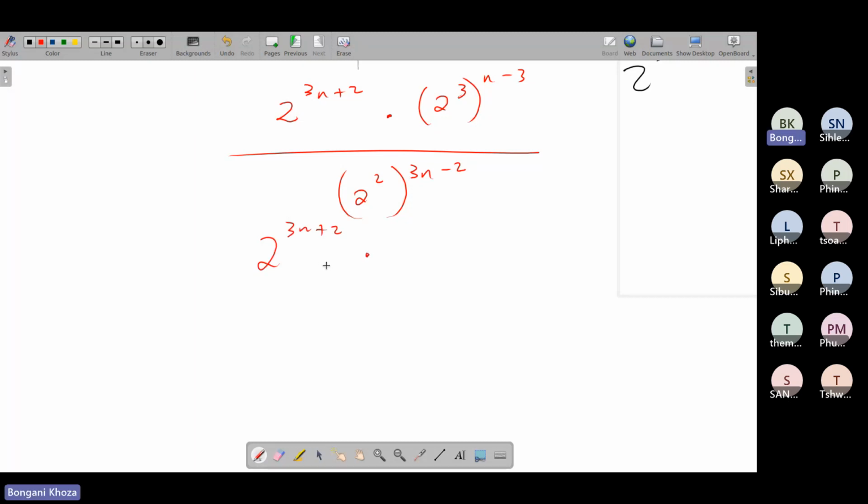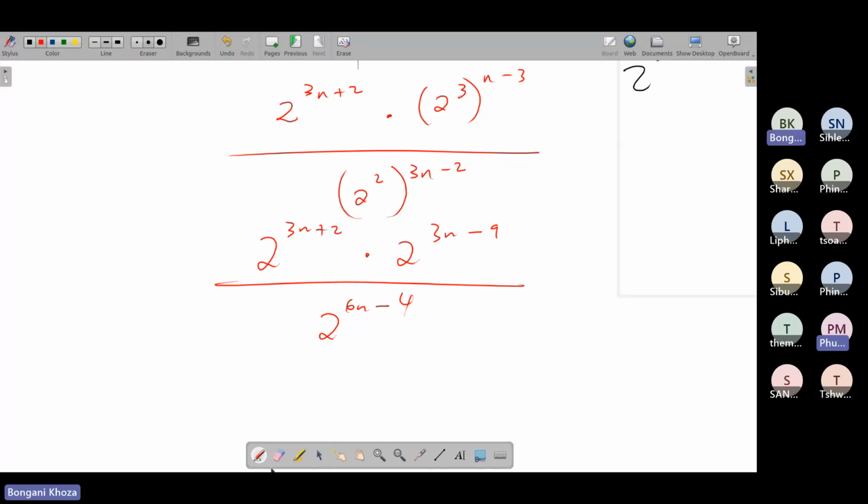This ends up being 2 exponent 3n minus 9 like that. We have multiplied this 3 with everything that's outside there. This is what we have. Divided by, this will be 2 exponent 6n minus 4. Everyone happy here?